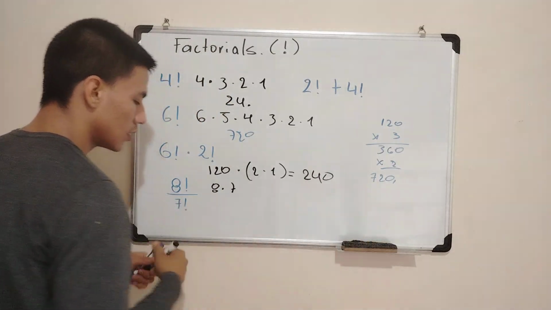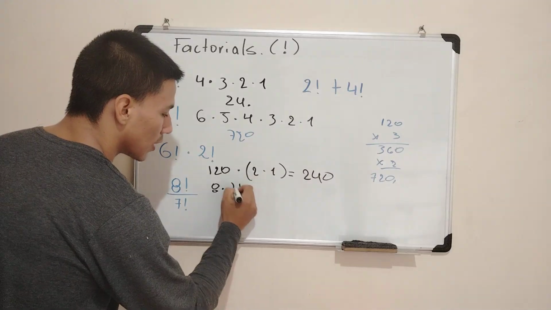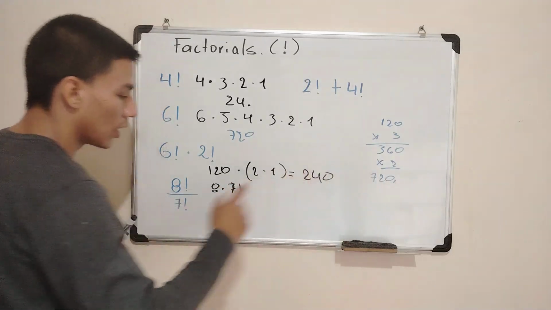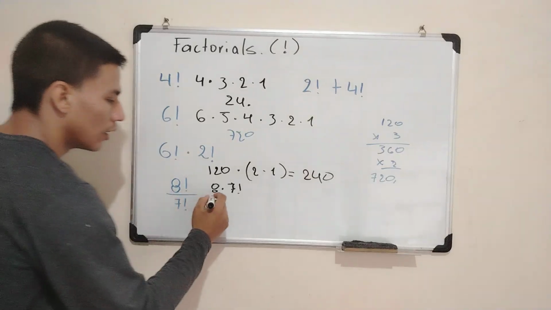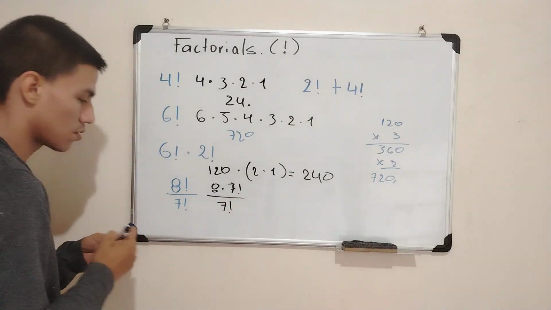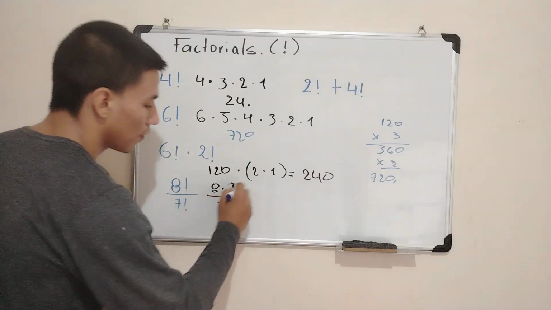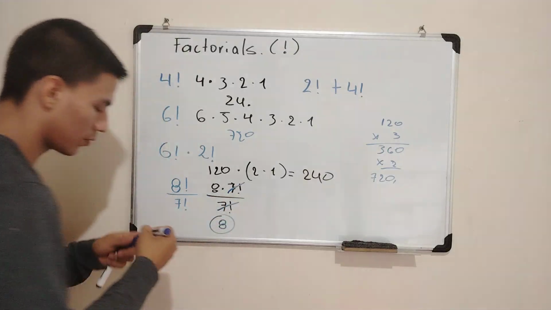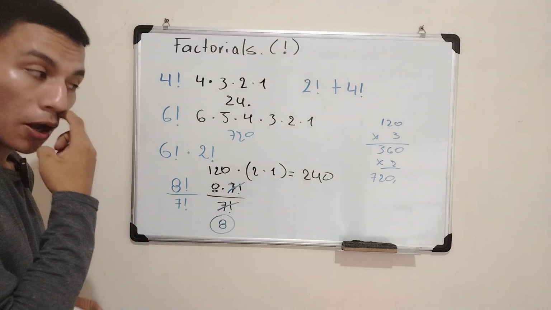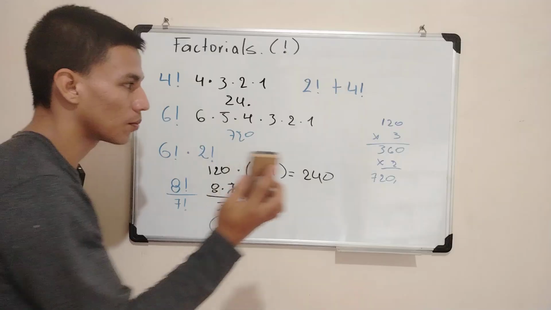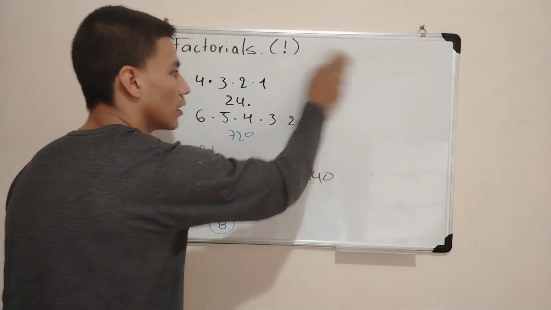We can represent 7 factorial, all those numbers that follow the 7, and in the denominator the 7 factorial, we simply simplify. Now, it's kind of complicated, the next topic.